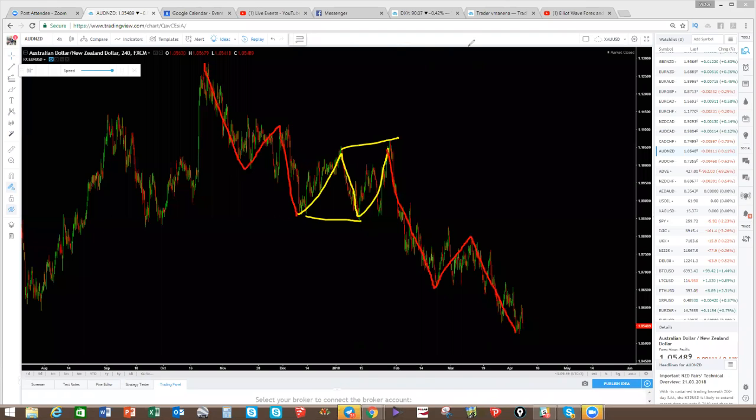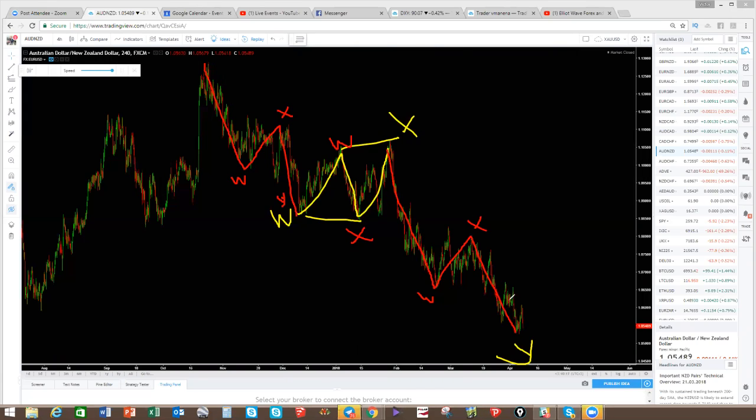You simply have a W, X, Y in the higher degree, and a lower degree W, X, Y. I usually don't put these Y's. All the degrees are related, and what you are getting now is this V pattern here, showing us that we may be ready to reverse soon.